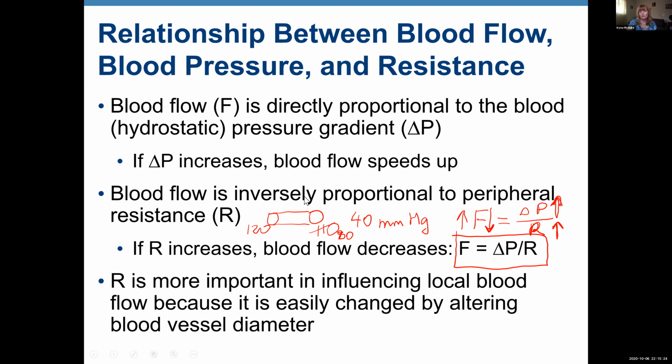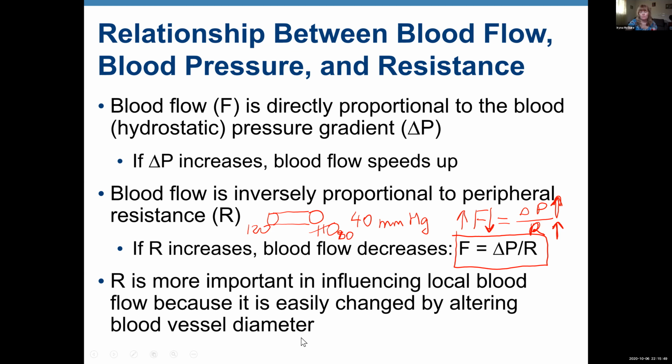Okay, so that's the relationship between these three characteristics of the physiology of blood flow. Resistance is more important in influencing local blood flow because it is easily changed by altering blood vessel diameter.